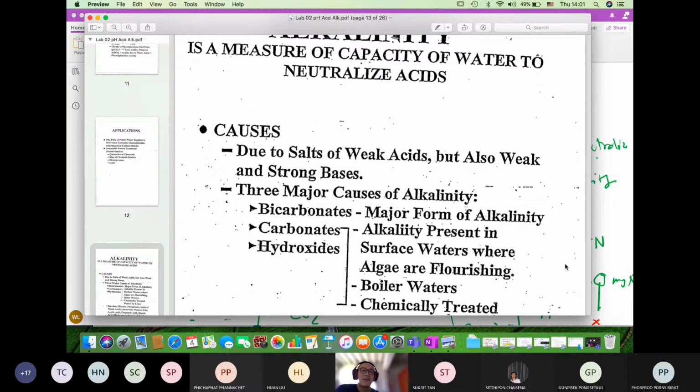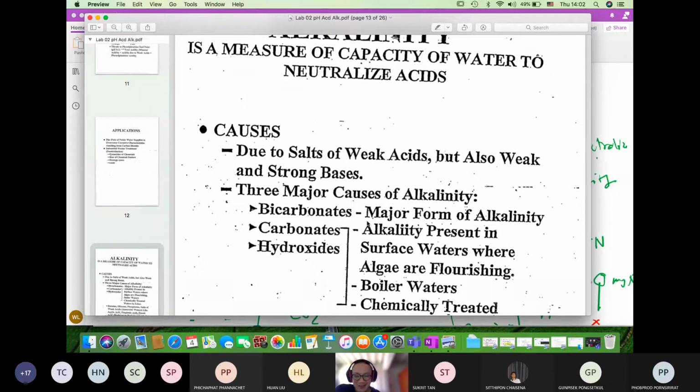So basically, the alkalinity in nature is mostly caused by bicarbonate and carbonate.